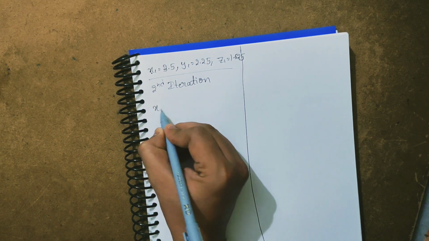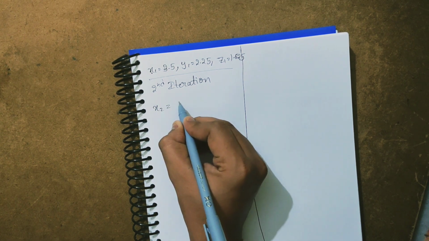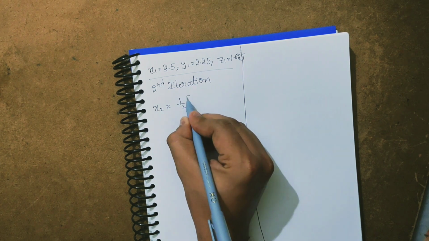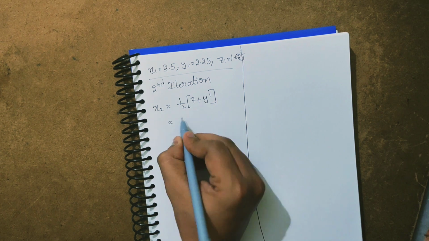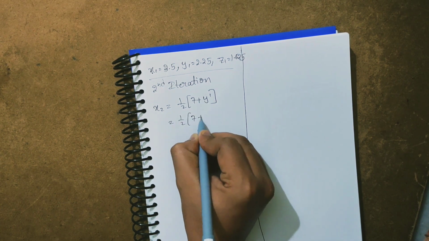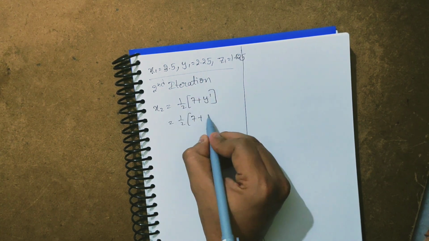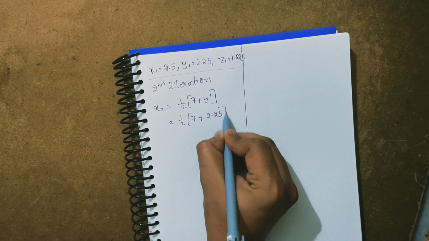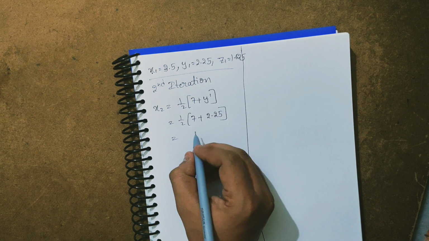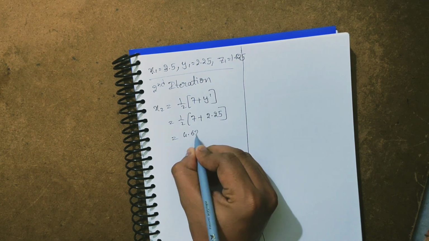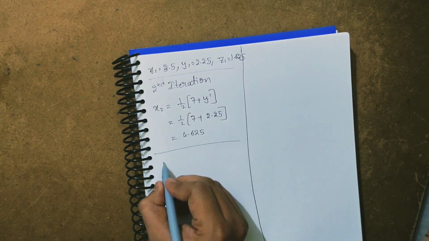So now we have to use x2. x2 equal to 1 by 2 of 7 plus y1. Okay, so 1 by 2 of 7 plus the y value we have, 2.25. What will be the result of this? 4.625.